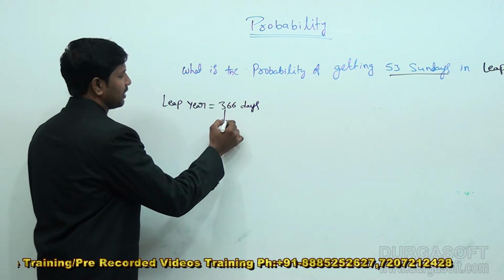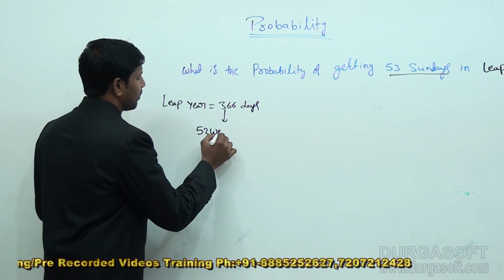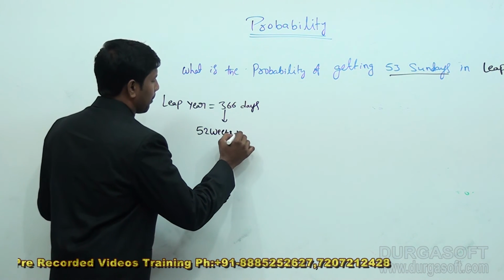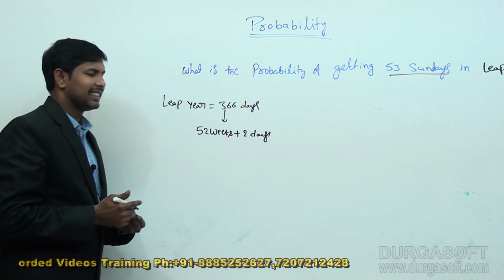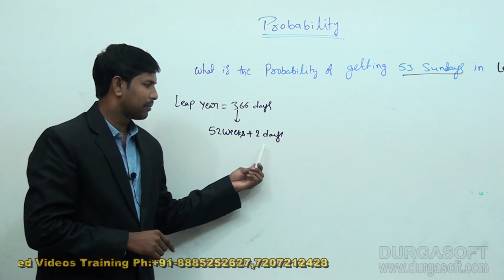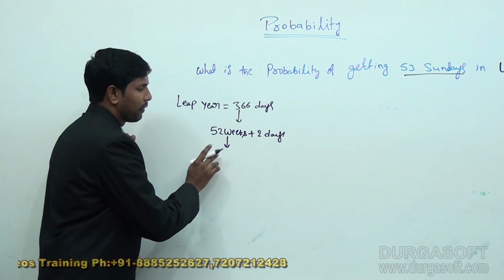So 366 days, as we discussed, can be written as 52 weeks plus 2 days, because 52 weeks is nothing but 364 days plus 2 days. That means every week is repeated 52 times.